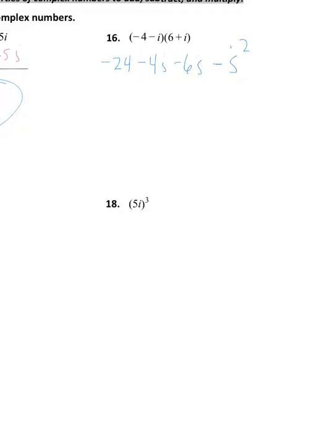Now, the thing you want to do is understand that i squared equals negative 1. So this is negative of negative 1. So it means it's actually a plus 1. I'm going to add that to my negative 24. So that would be negative, I wrote a 3, meant to write a 2. 23, and then minus 10i when I'm combining the other like terms there. Okay?